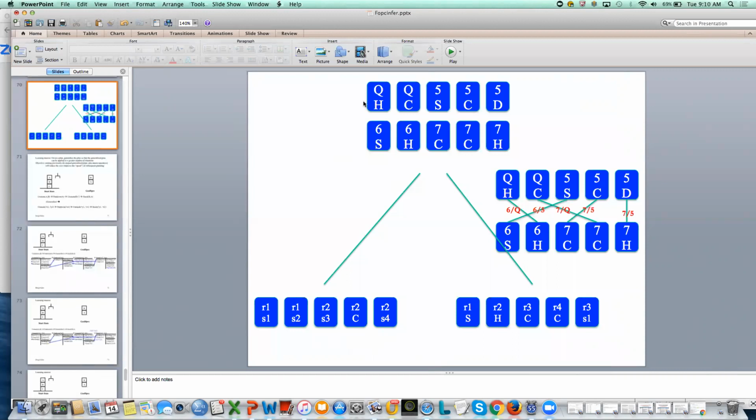In this case, just like we had substitution lists in resolution, we have association lists that are similar but differently intended in relational learning. So when I put these two in correspondence, the Q and the 6 are placed in correspondence, and the hearts and the spades are placed in correspondence.